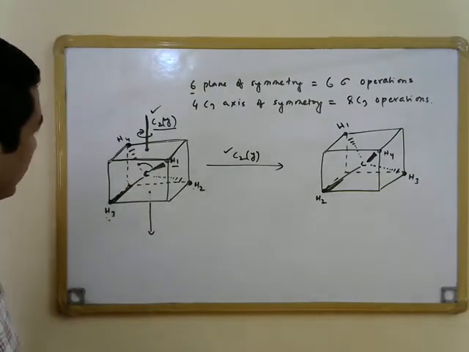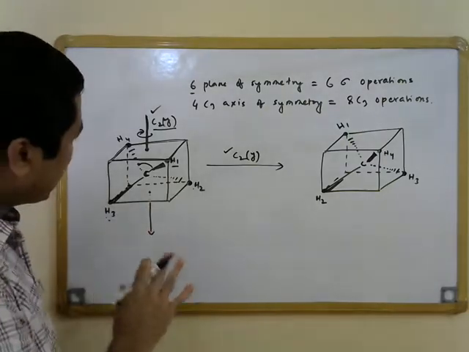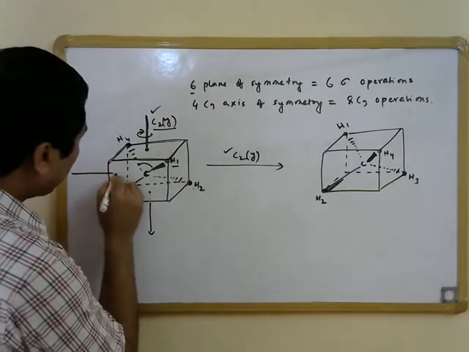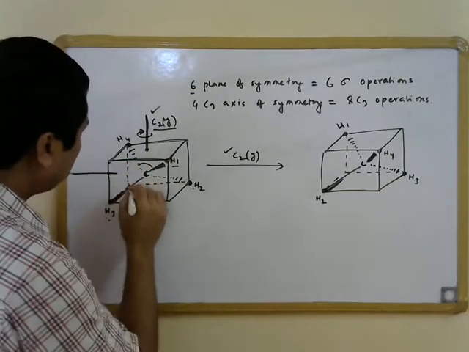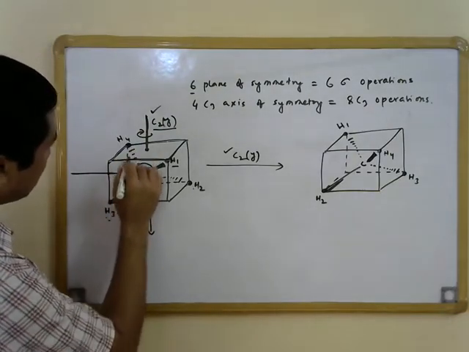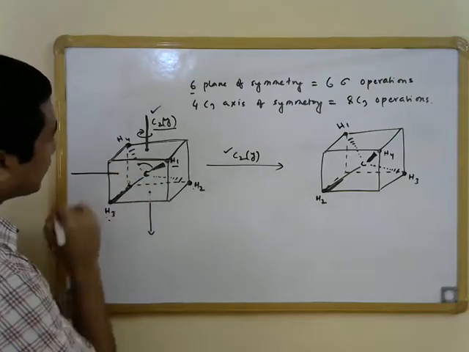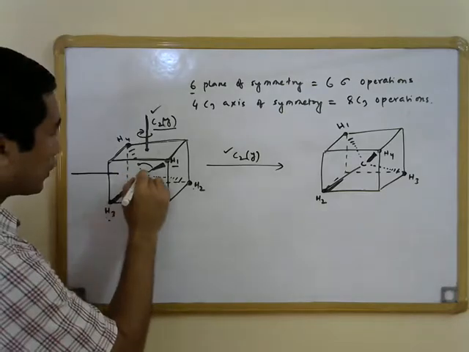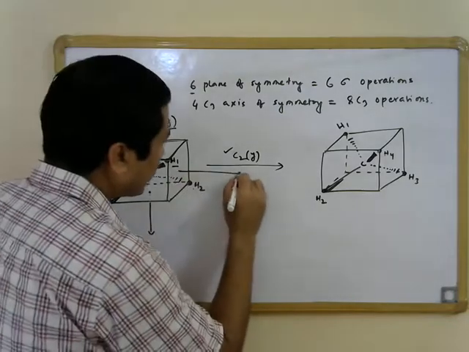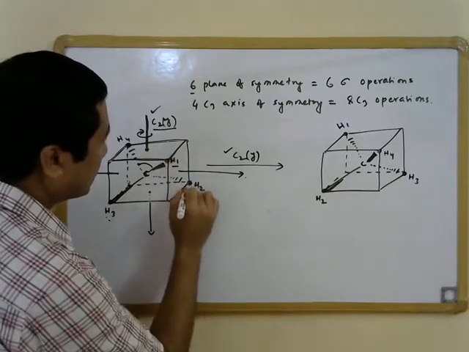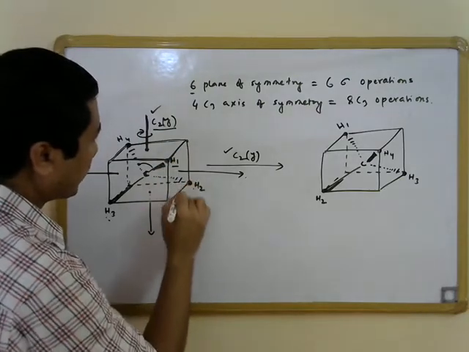Now, there are 6 faces in a cube, in opposite pairs. If we take this particular face, that is the side-on face, and pass an axis through the center of this face, take it through the carbon atom, it will come out through the center of the opposite face over here.